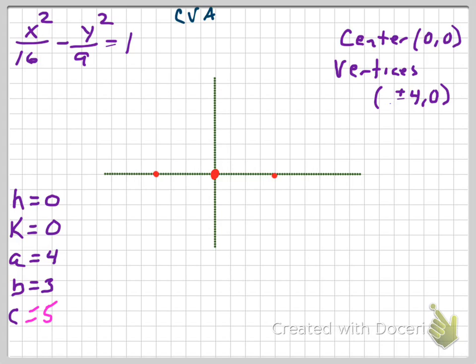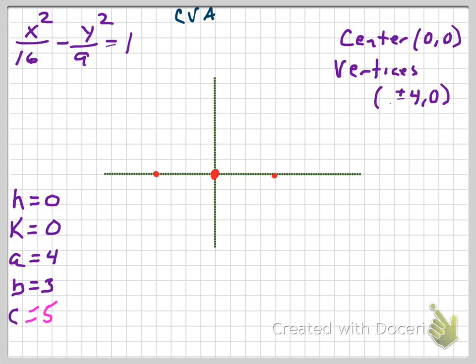But the question is, do they go here or do they go wide? Our asymptotes are going to guide us. It's kind of like when you go bumper bowling. The bumpers guide your ball down to where it's supposed to go. The asymptotes are going to be your guide to where the parabola should be drawn.